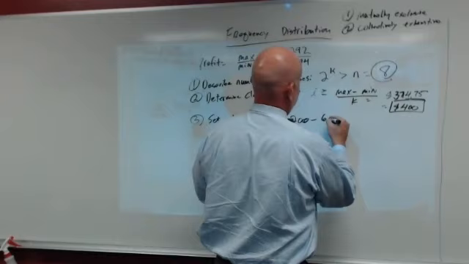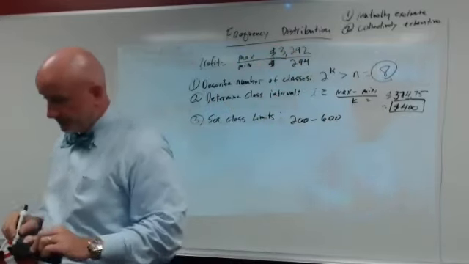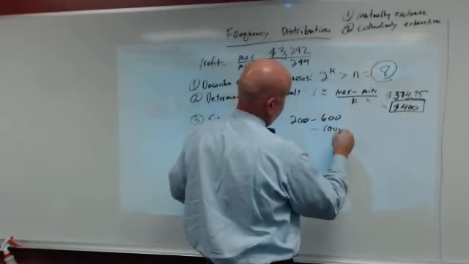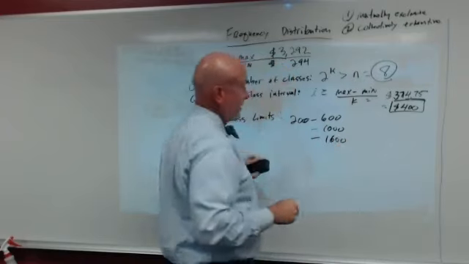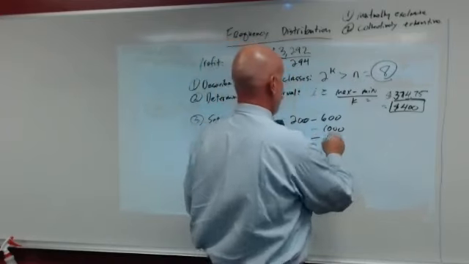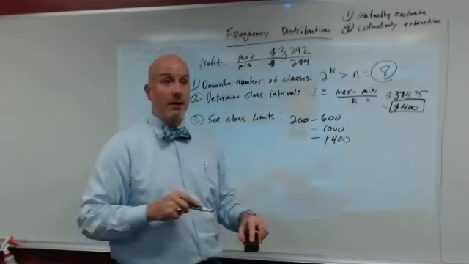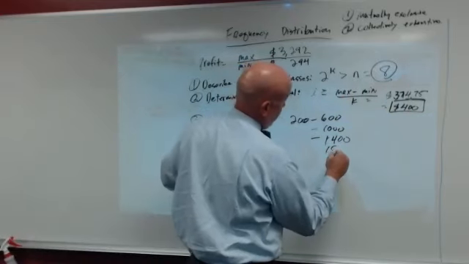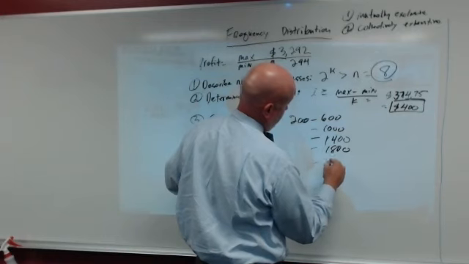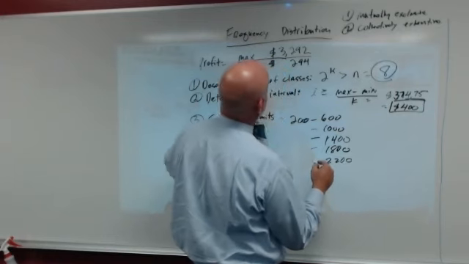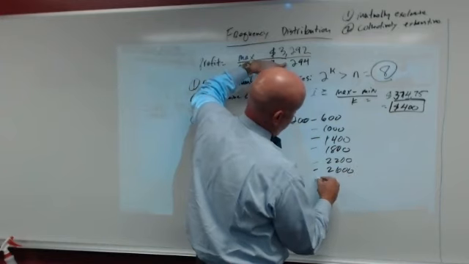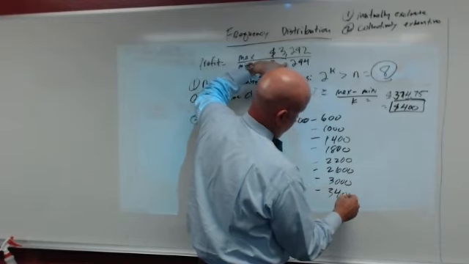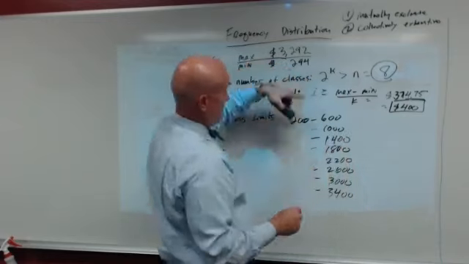So 200 to 600, then to 1,000, then to 1,400, $1,800, $2,200, $2,600, $3,000, $3,400.